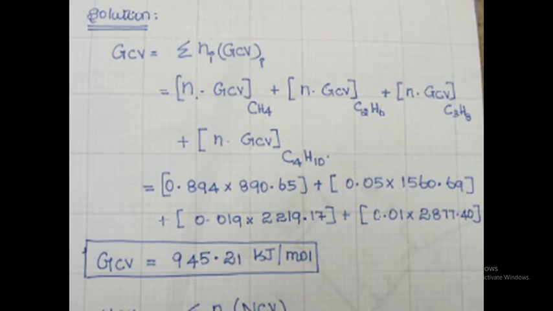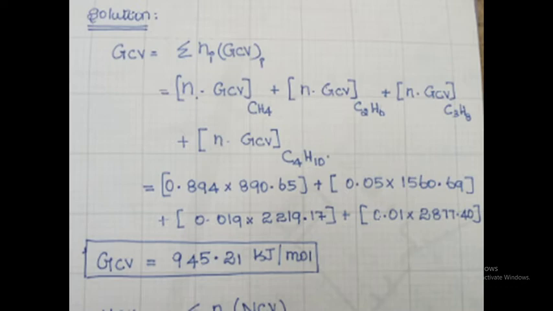So GCV is equal to summation of Ni into GCVi: N into GCV of methane plus N into GCV of C2H6 plus N into GCV of C3H8 plus N into GCV of C4H10. Are you clear or not?